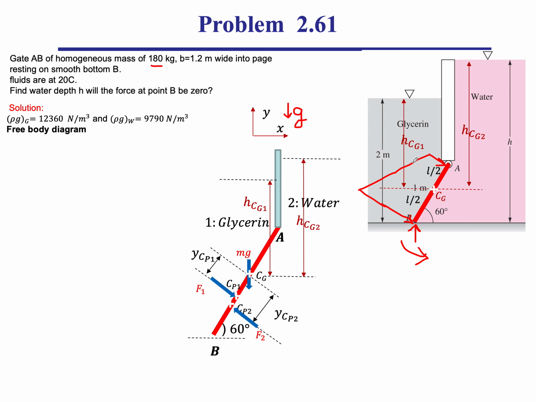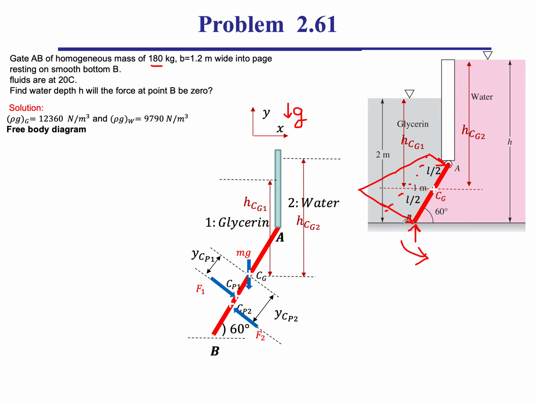So I have a distributed pressure on this gate element, and we are trying to find a net force. So how do you get the net force? You integrate. It's the integral of P dA, so you get a rectangle and a triangle, which is this trapezoid.